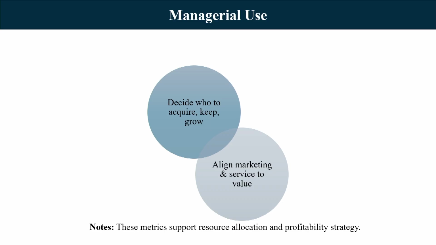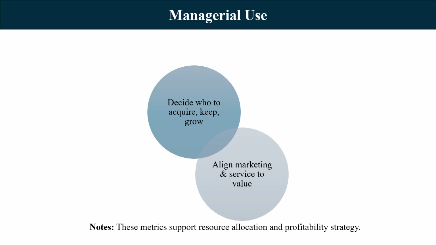First thing that you can decide is whom to acquire, who is your customer, whom you need to acquire, whom to keep with your business through certain incentives, or whom you should try to fire over a period of time, and who are the customers with whom you can try to grow your business. You have to align marketing and service to the value that is created.